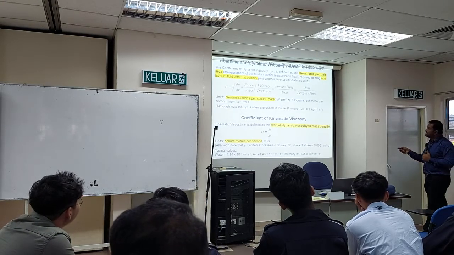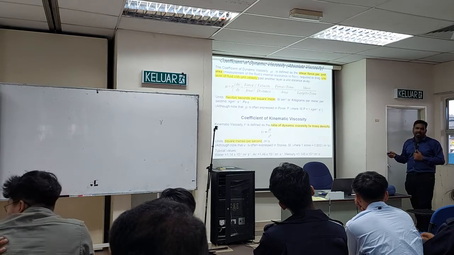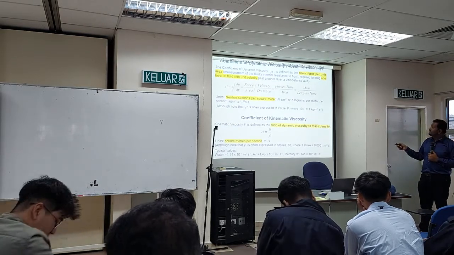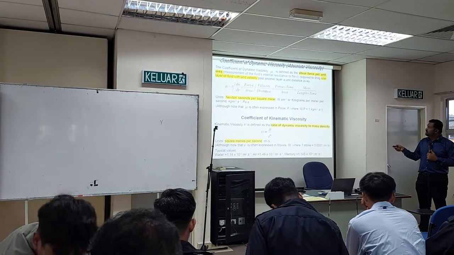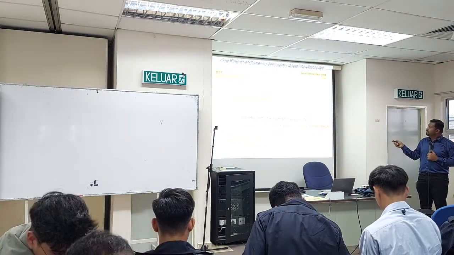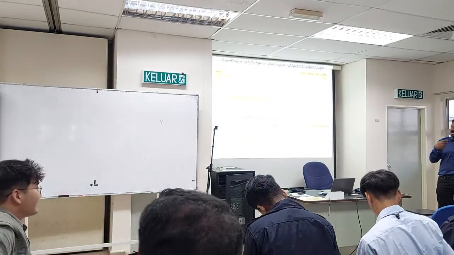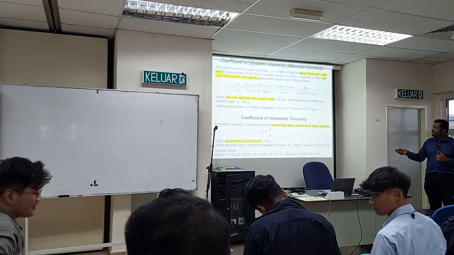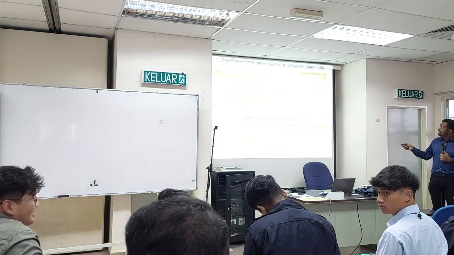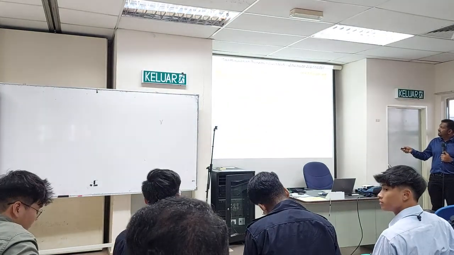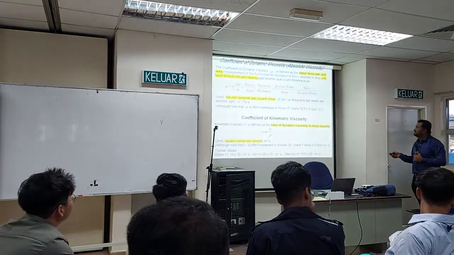Coefficient of dynamic viscosity, mu, the one that was in the calculator earlier. It's actually shear force per unit area, so it has something to do with pressure. Pressure is the force per unit area required to drag one layer of fluid with unit velocity.